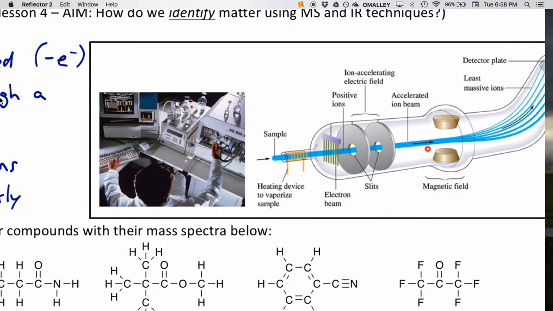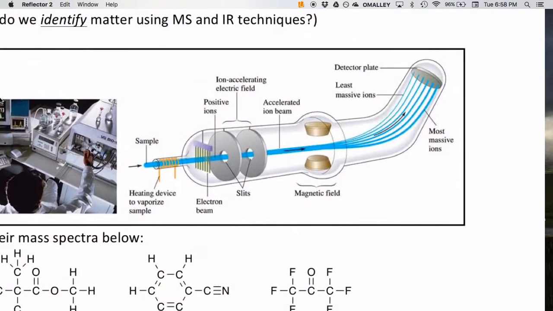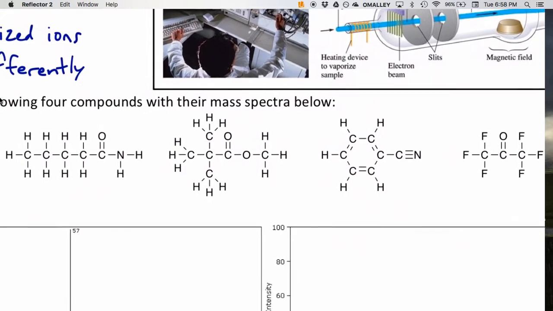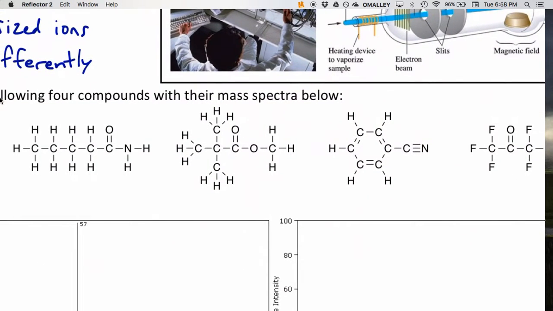It passes through a magnetic field, and then different sized ions are detected differently based on their masses, with heavier ions deflecting less and lighter ions deflecting more. Lighter things will be affected by the magnetic field more strongly. What this does is give chemists the molar mass of various compounds.